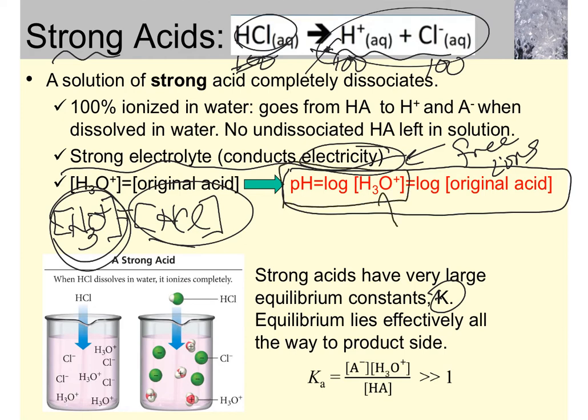And because we know that the concentration of the hydronium ion is simply the original concentration of the strong acid, then pH is simply the minus log of whatever the original concentration of the strong acid is. Now you'll see for weak acids, it's not as straightforward.